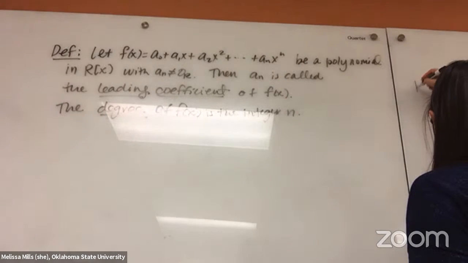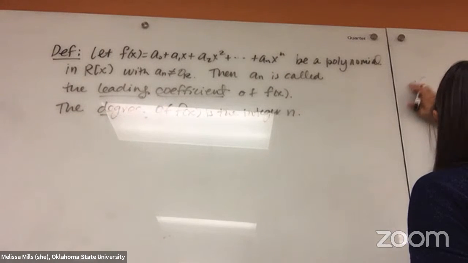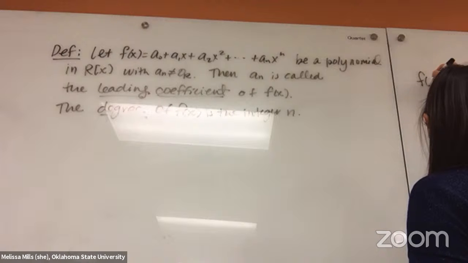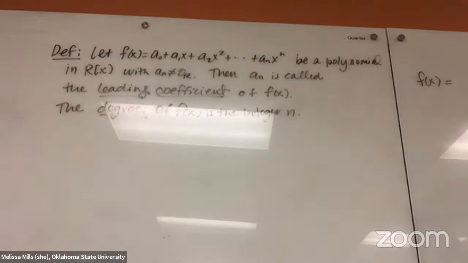Let me give you these functions first. So we'll say f of x equals 2x to the fourth, and g of x equals 5x, and h of x equals 1 plus 3x.